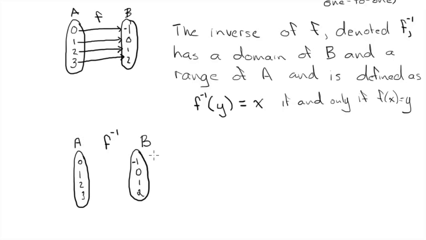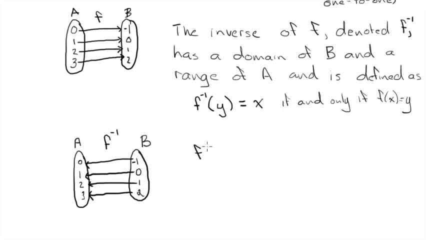But in this case, the arrows are going to go in this direction, from B to A. So f took 0 to -1, so f inverse is going to take -1 back to 0. Same thing, 1 to 0, 0 goes back to 1, 2 went to 1, so 1 will go back to 2, 3 went to 2 up here, so 2 will go back to 3.